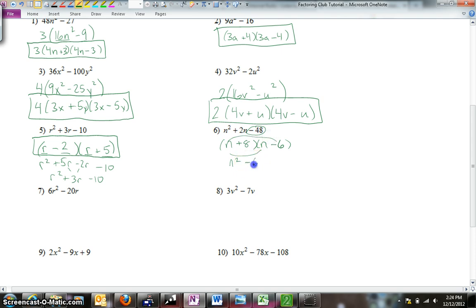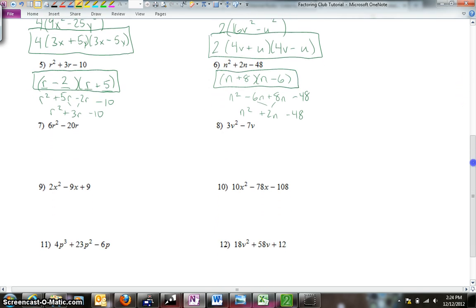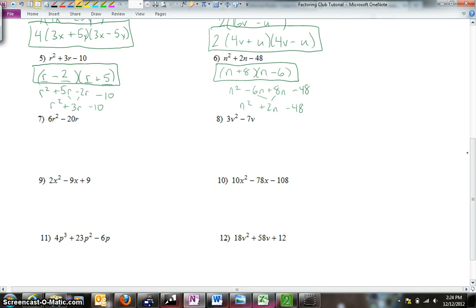Here we get minus 6n plus 8n minus 48, and those combine to be plus 2n, which is exactly what I was looking for, and so we got it. So make sure we don't circle the check step, we circle the factored form. Alright, moving on. I am doing this quick, but you guys can hit pause as many times as you need to so you can make sure you're comfortable at what we're doing.